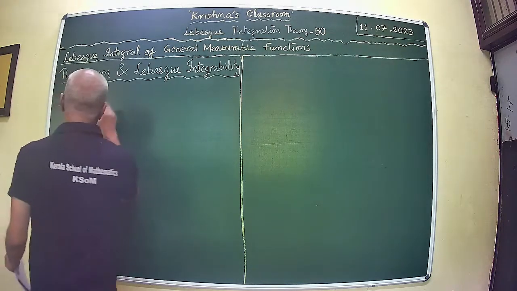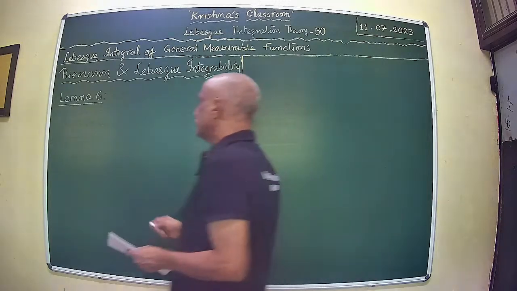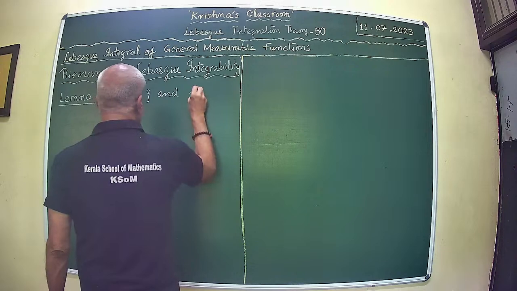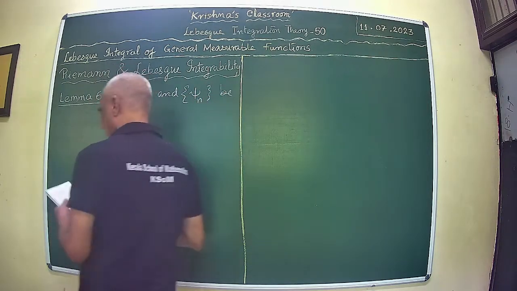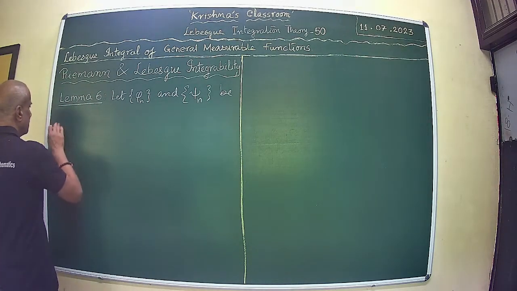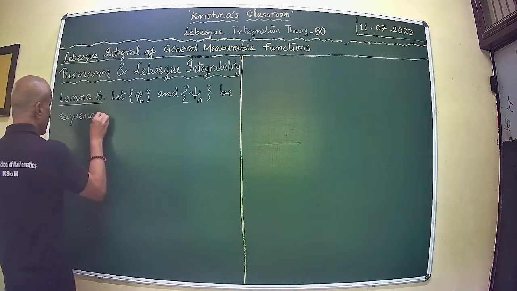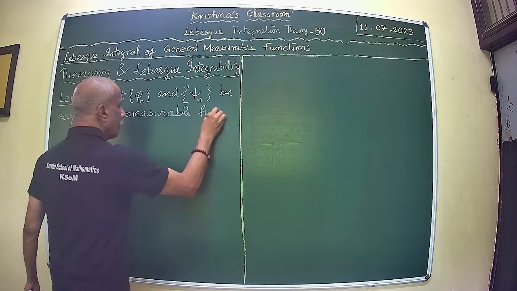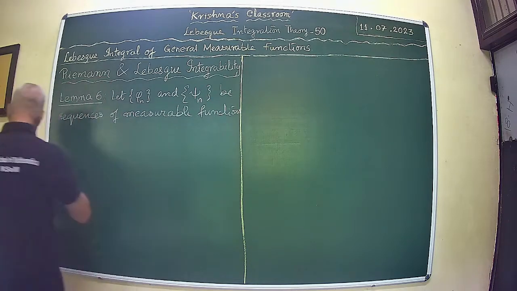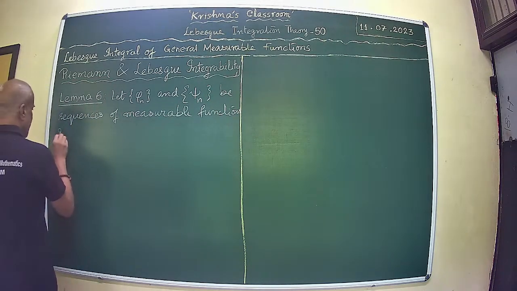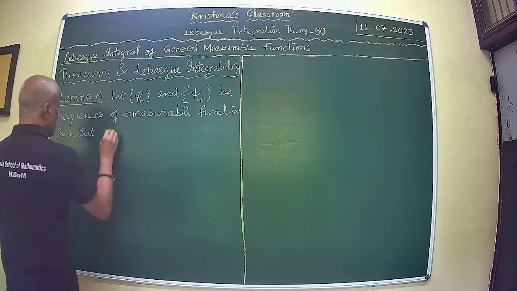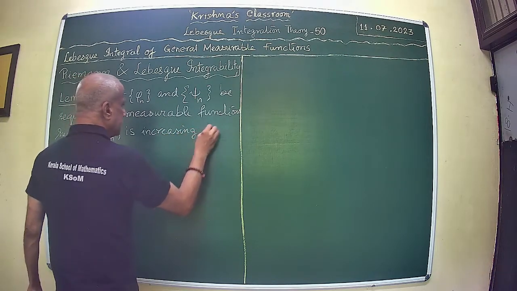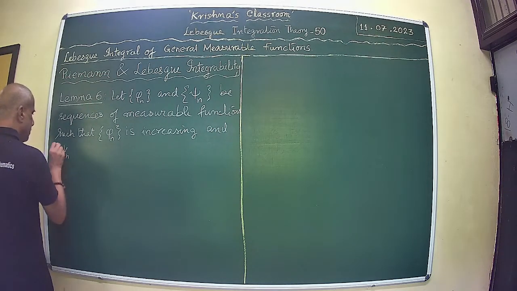Let phi n and psi n be sequences of measurable functions such that phi n is increasing and psi n is decreasing.